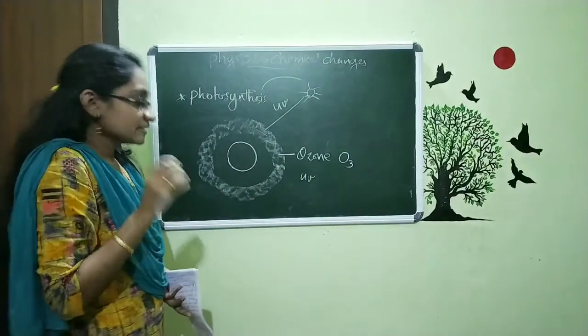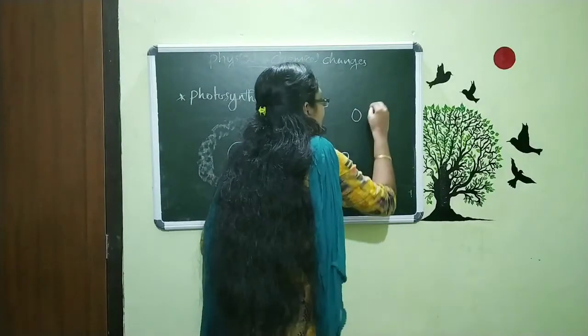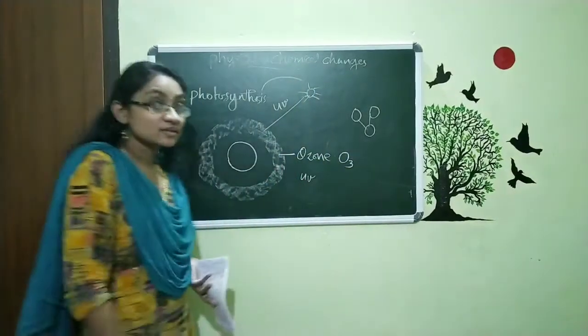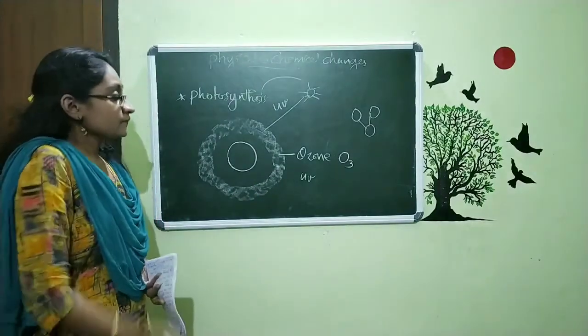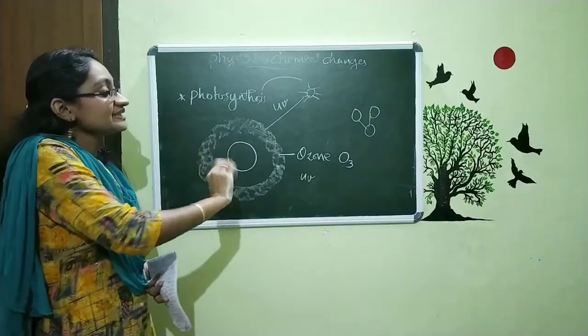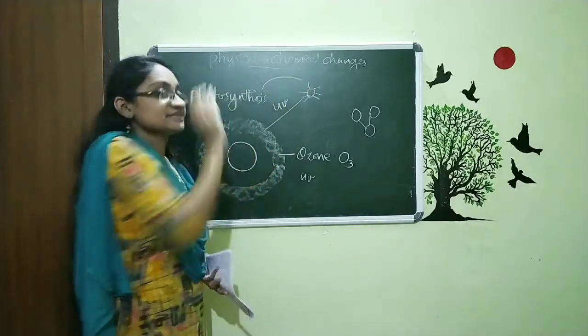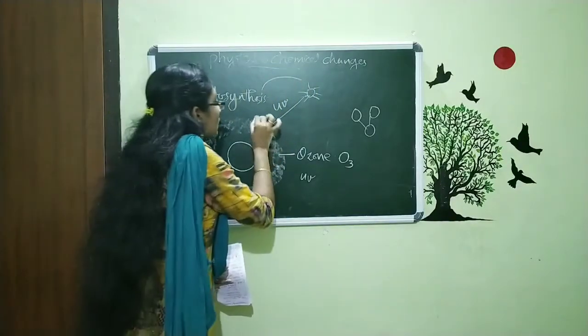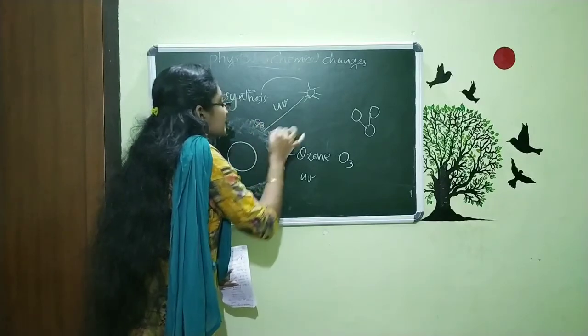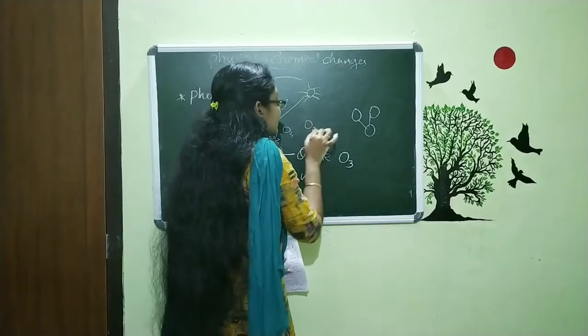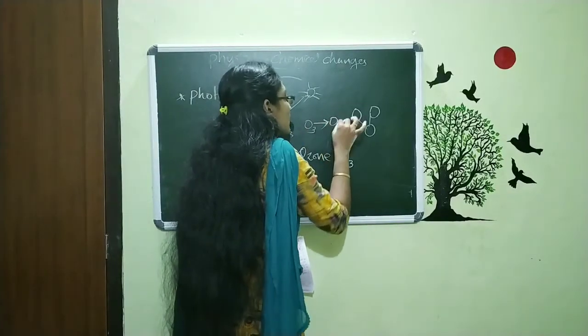Oxygen O. That means 3 atoms of oxygen combine together and form ozone. So O3. Here the thing is this: when the UV radiations are coming from the sun, they hit the O3 molecules, and then that O3 molecule is converted to O2.